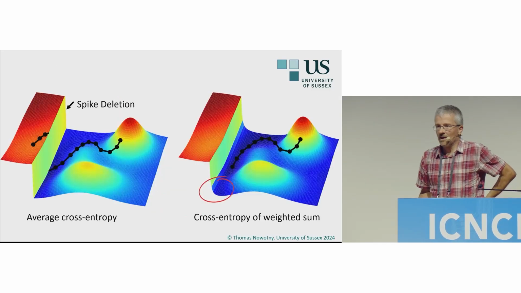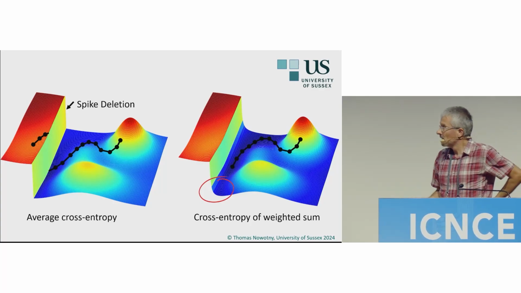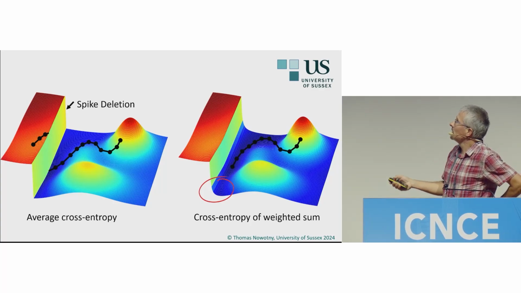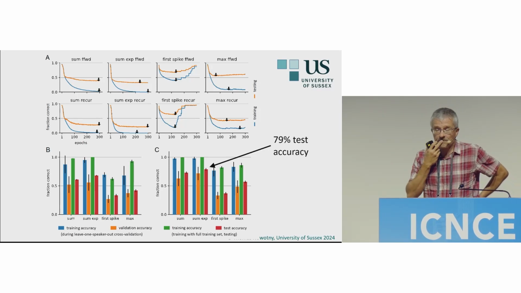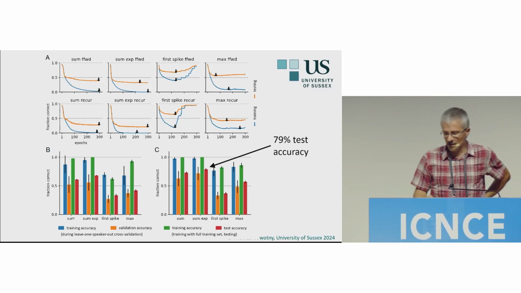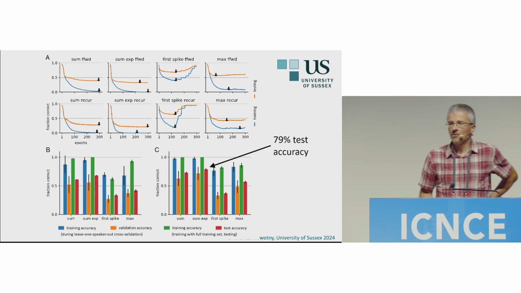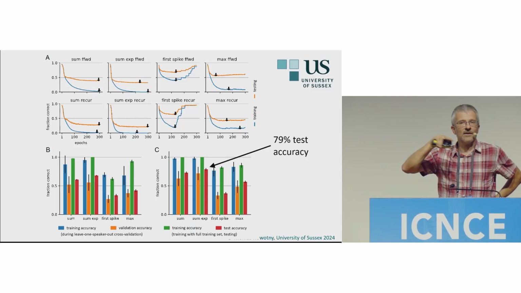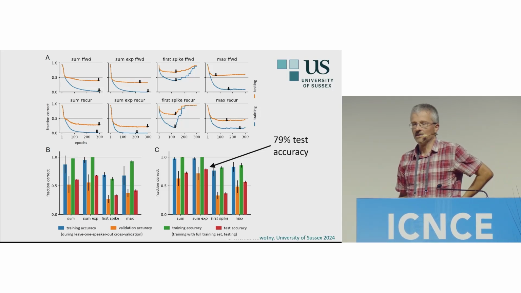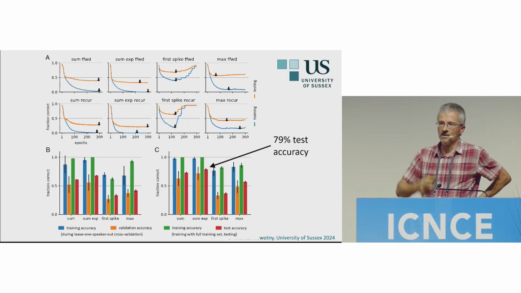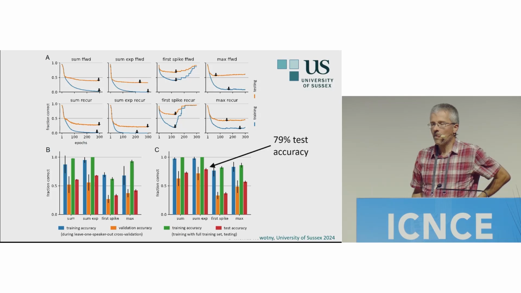And in terms of pictures, it's a little bit like having this situation and turning it into this one, where you see the difference here, it curves up and drives you away from the spike deletion problem. And with this, I could now successfully learn this task, and achieve the performance that was originally achieved with surrogate gradient descent on the Spiking Heidelberg Digits.